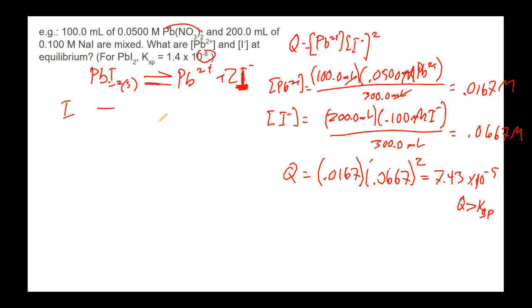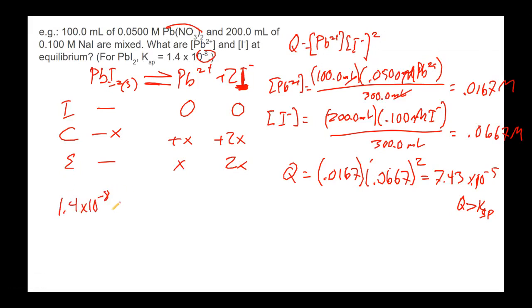Initial concentration, nothing for solid, zeros for the two aqueous ions. The change line will be a minus x, plus x, plus 2x, and at equilibrium, Pb2+ concentration will be x, I- concentration will be 2x. So KSP, which is 1.4 times 10 to the negative 8th, is going to be equal to Pb2+ concentration, which is x, times I- concentration, which is 2x squared, which is 4x cubed.